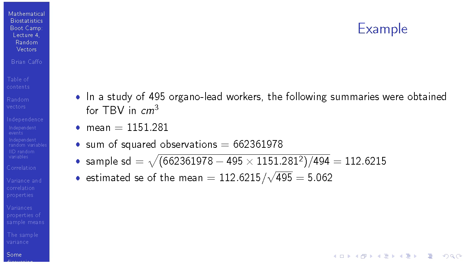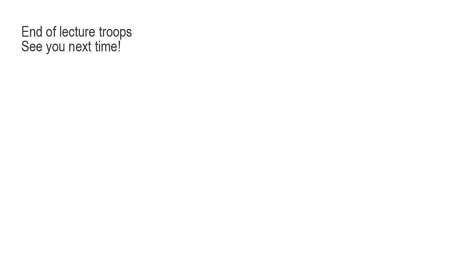These numbers are then estimates of population quantities, and dividing by the square root of 495 tells us how variable this mean is relative to the variability in the population. So those are the concepts we're trying to use, and we'll formalize these much more when we generate confidence intervals and perform hypothesis tests.